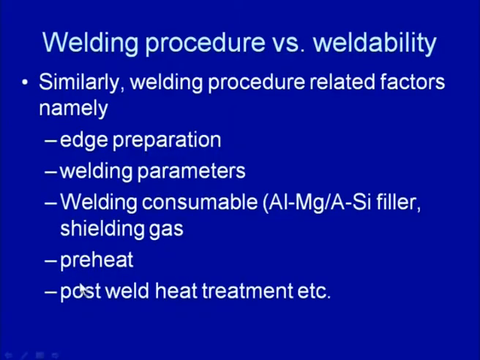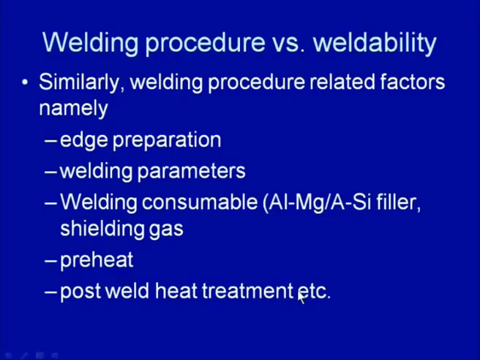And then preheat. Preheating will affect the width of the heat affected zone. In the case of aluminum alloys especially, it will lead to increased softening of the heat affected zone. And the kind of post weld heat treatment being used, whether we are using a stress relieving treatment, or a solutionizing treatment, or a T6 or T4 kind of heat treatment, accordingly the properties of the weld joint will be affected significantly.